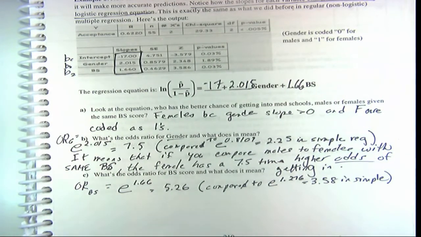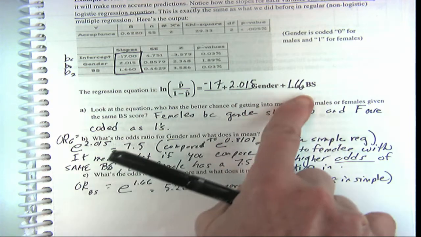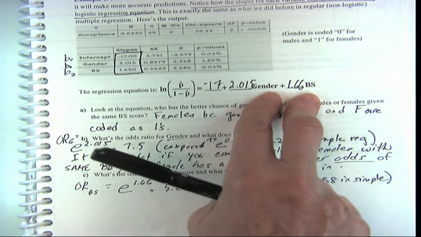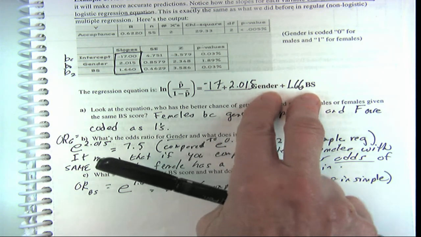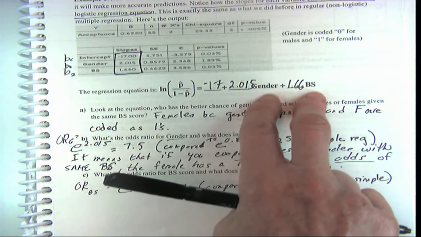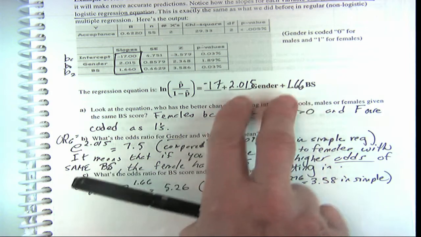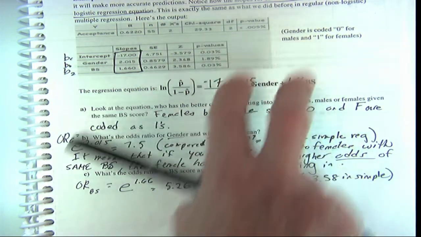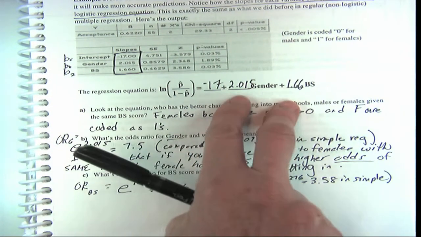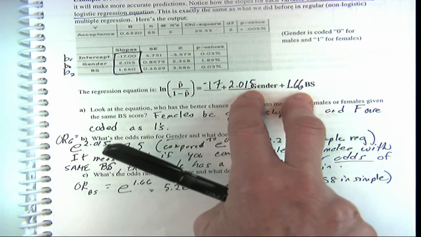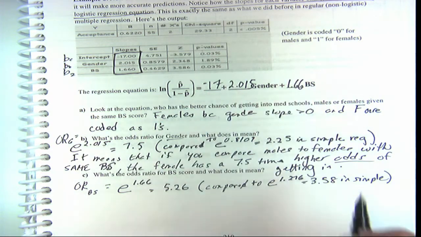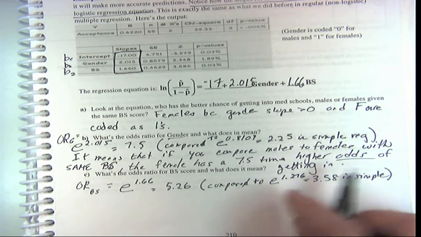They went down because part of the effect of these was due to the other one. Well, here it's the opposite. These are negatively correlated. So now they're going to change, but they get bigger here. That's what you're seeing. They're bigger in the multiple when two variables are negatively correlated like that. It's a little confusing. Okay?